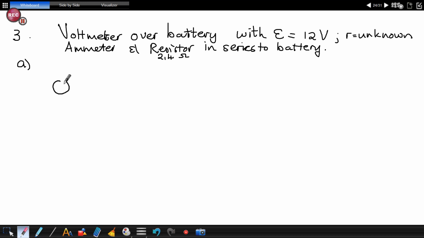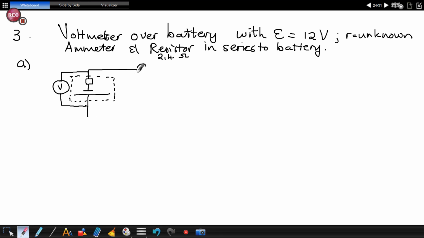So the voltmeter is connected across the battery, and I'm doing it this way. There's a battery, and the battery has an internal resistance. If you want to, you can draw a little broken line block to indicate that that resistance is internal resistance.